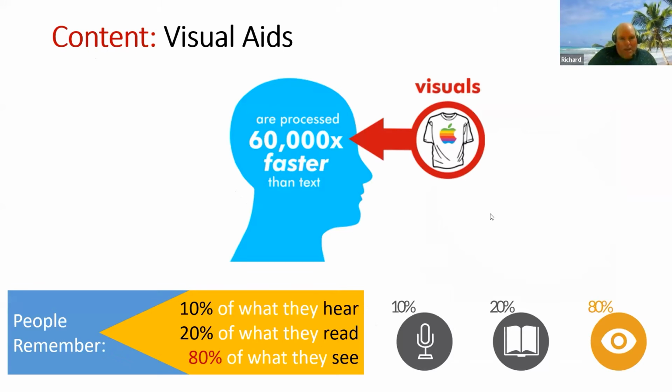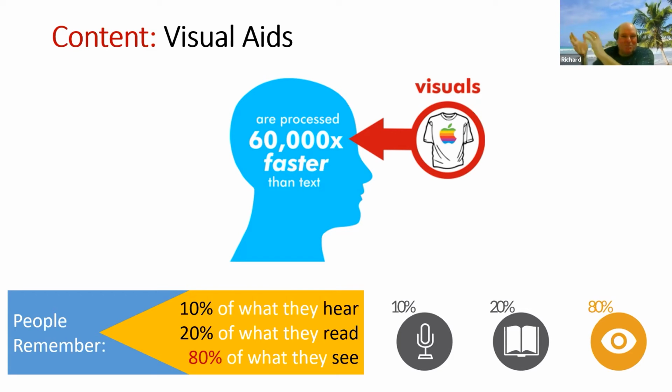Now, the main point of this information here is basically to tell you how important visual aids are. A visual aid is your PowerPoint slide. I'm talking about the pictures that you have on your slide. It could be a graph, or do you say graph, depending on what your accent is.